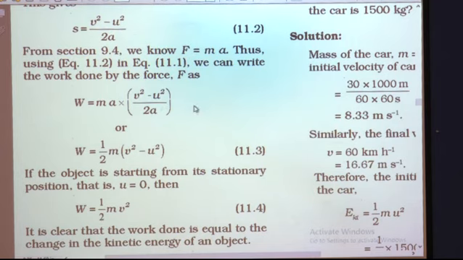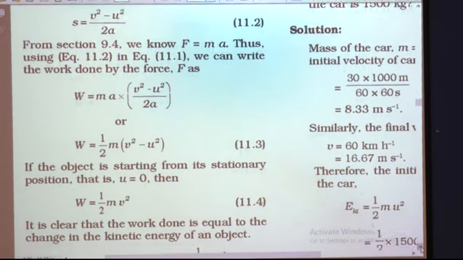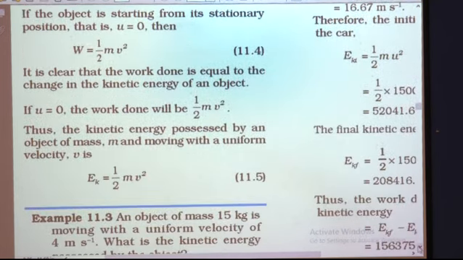After substitution of all these, we have got W is equal to ma into v square minus u square upon 2a. Rearranging, a gets cancelled, we get W is equal to half m v square minus u square. When the object is starting from rest position, that is from stationary position, u value is 0. So, we get W is equal to half mv square.